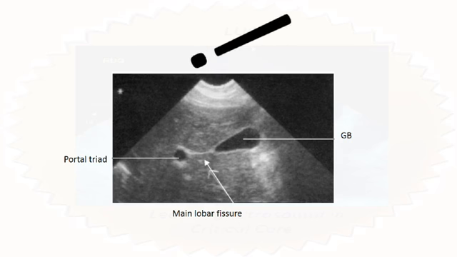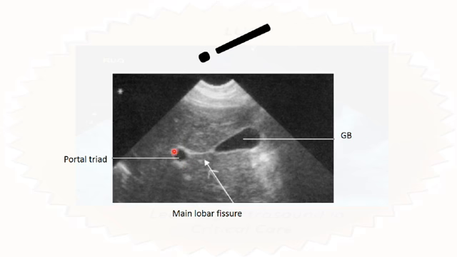Okay, so this is just in ultrasound, this is the back to front image. The body of the gallbladder here, that's the neck of the gallbladder, which is attached to the main lobar fissure of the liver, which separates the left lobe from the right lobe of the liver. And that's the portal triad, and you can't really make out the different constituents of the portal triad here.